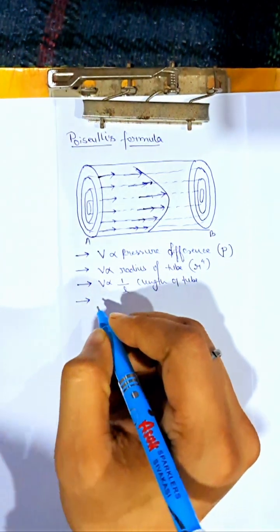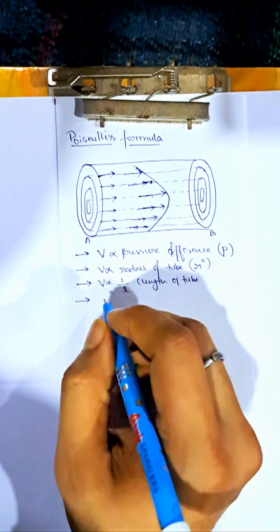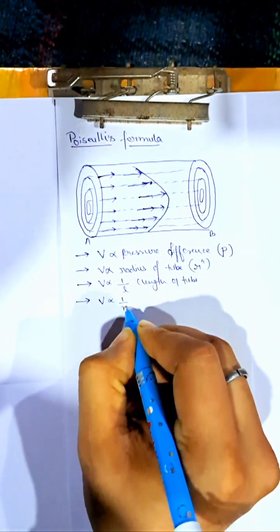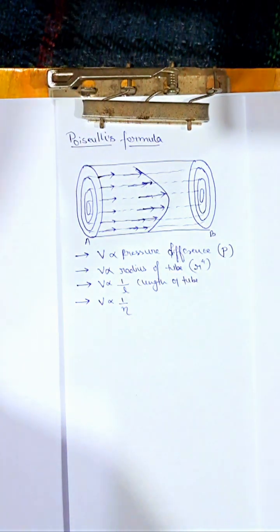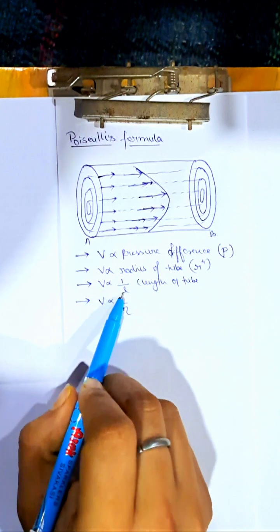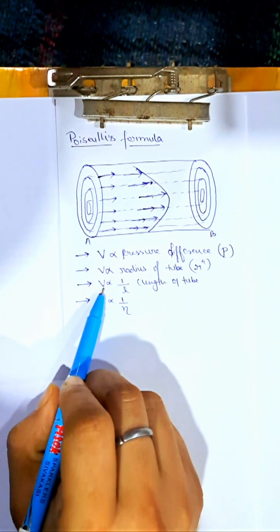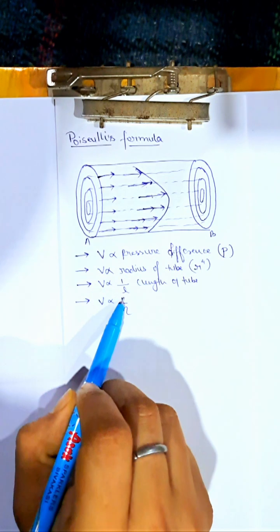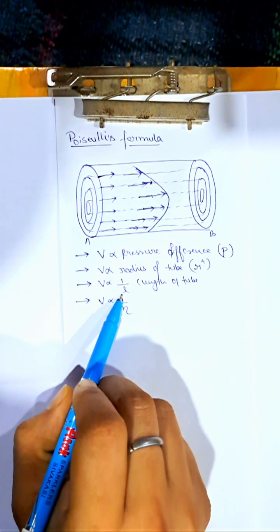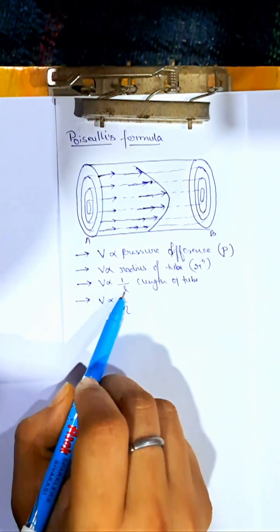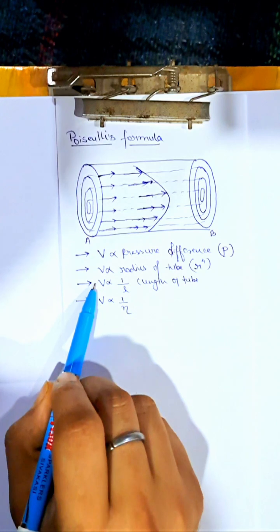And velocity is also inversely proportional to the viscosity. I guess I said viscosity earlier; it is velocity when observed in terms of length. As the length increases, the velocity reduces.